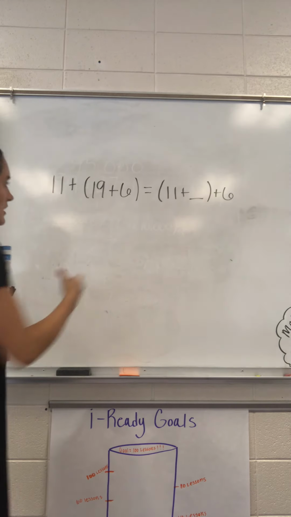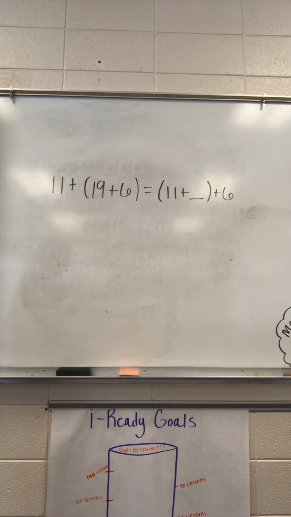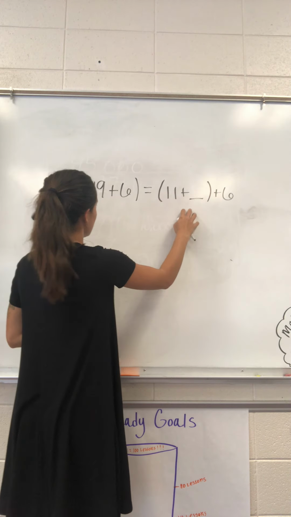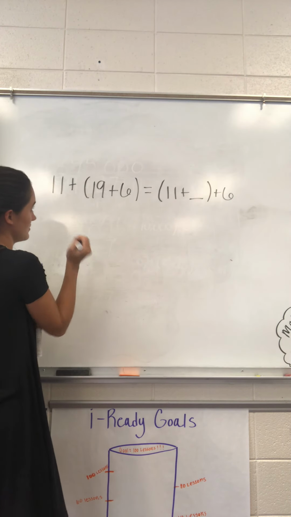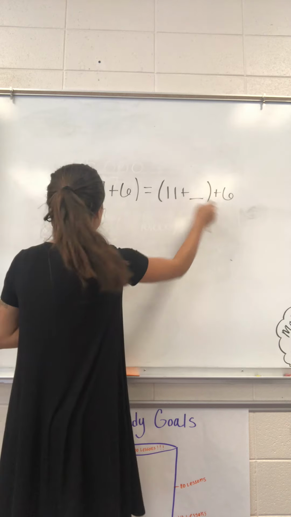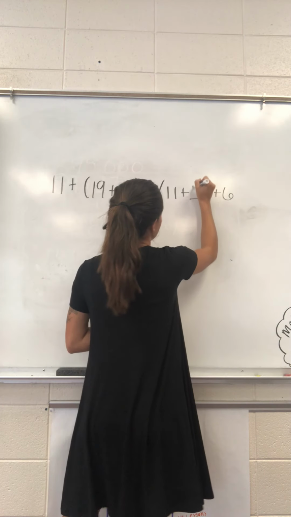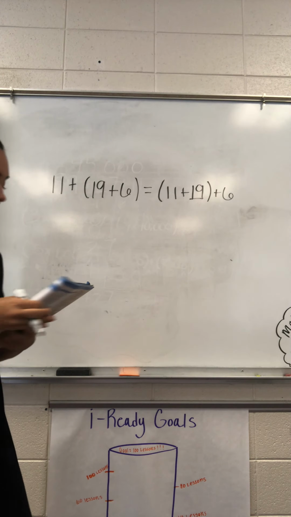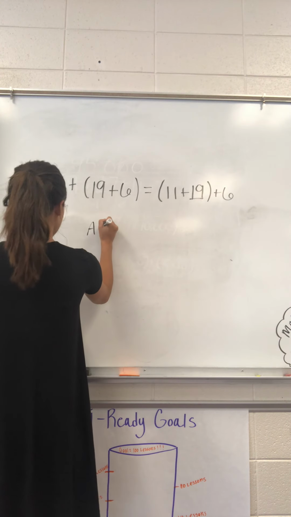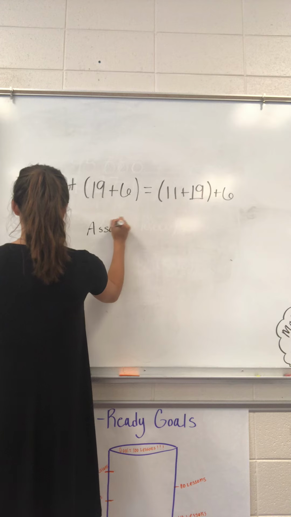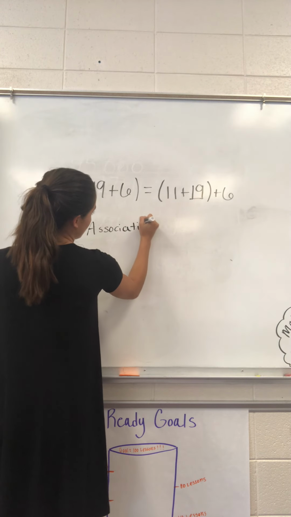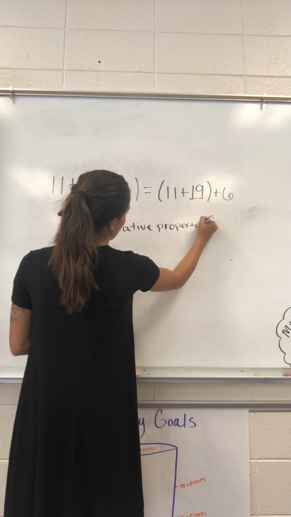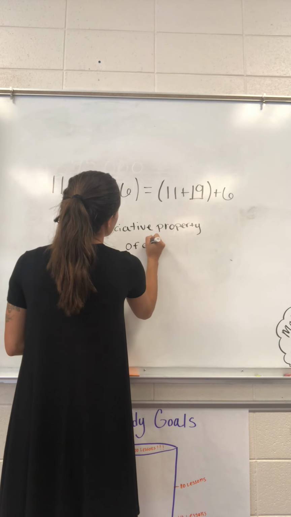So to make these equal, all we have to do is fill in the blank with what we don't see on this side that we do see on this side. So we've got an 11, 11, a 6, and a 6. So it's got to be 19. And we said that was the associative property of addition, so you'll also need to fill that part in too.